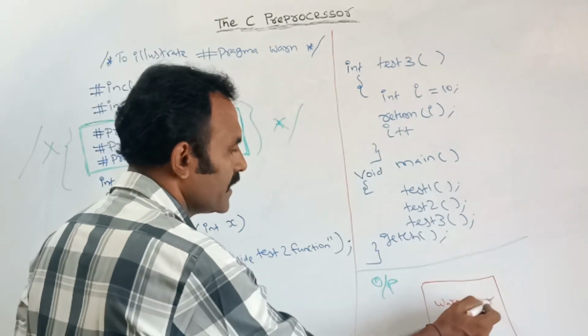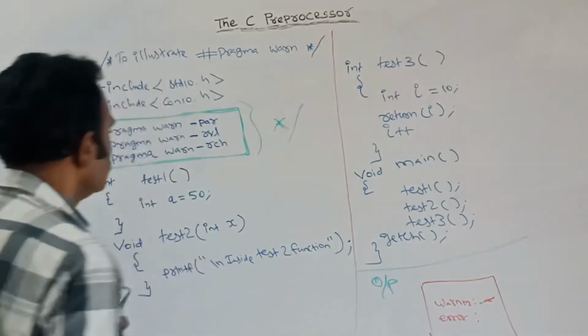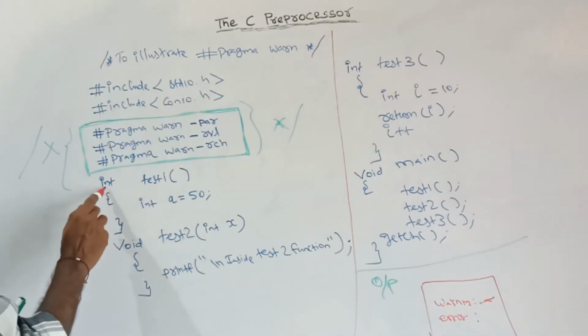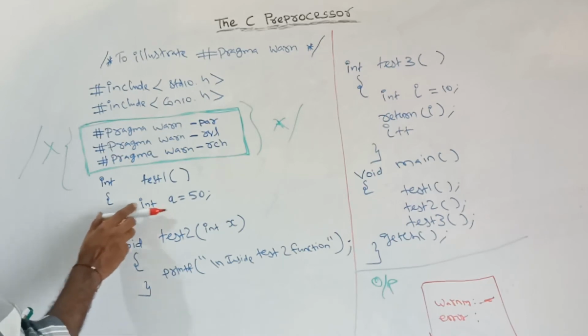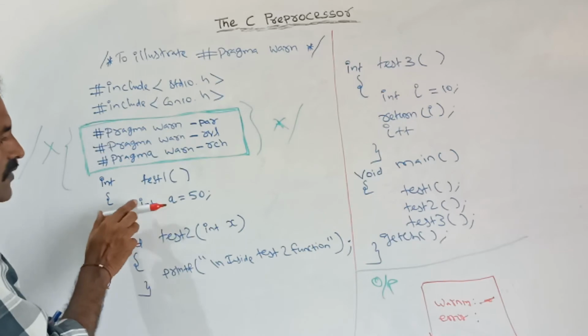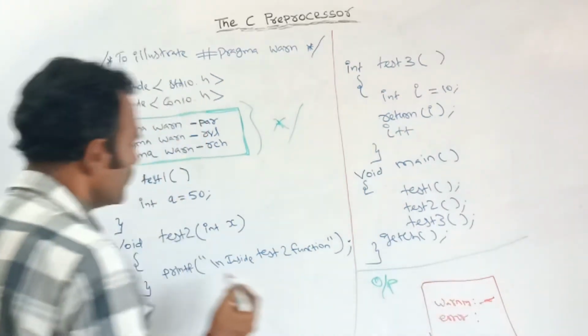Here in the warnings, see, I have declared this function return type as integer, but I haven't written any value. So this no return value warning will be displayed.